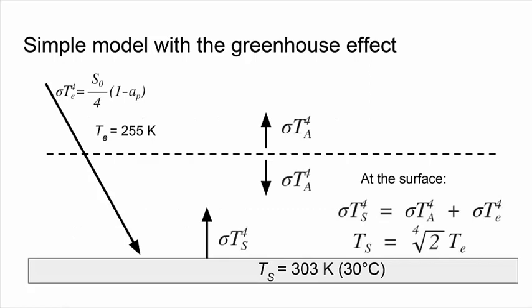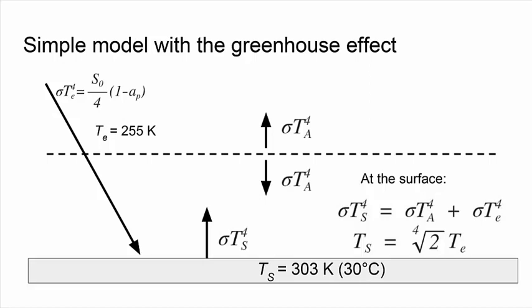So you can think of it as these all have to be in equilibrium. The incoming radiation has to equal the outgoing radiation, and through this simple assumption, this means that the temperature of the atmosphere now has to be equal to the same value we had before in the case with no atmosphere.